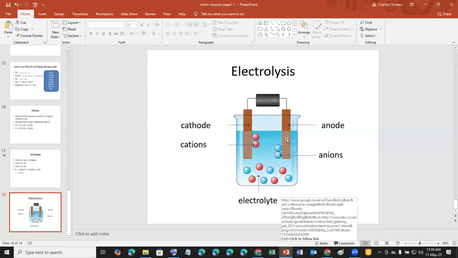So after a while, all the things that you can use to detect chlorine gas will show that chlorine is being given off. You might even start seeing bubbles forming in the solution, showing you that chlorine gas is forming, okay?